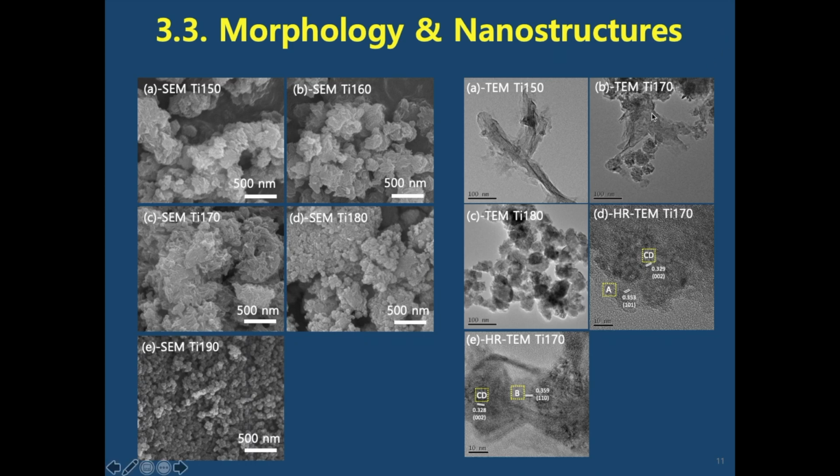At 170, we see both nanosheet and particulate, while at the highest temperatures from 180, almost only particulate structure was observed by TEM. By using high resolution TEM imaging, we can see that our material is composed of anatase, carbon dot, and B phase.